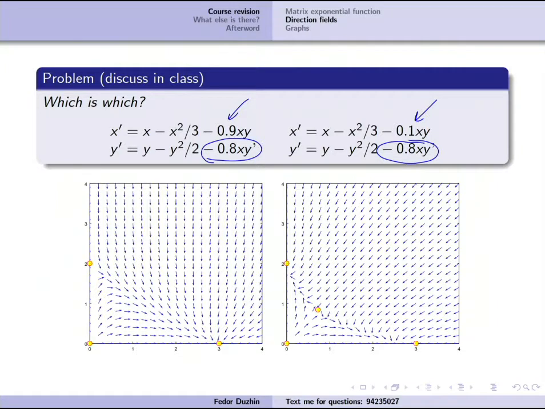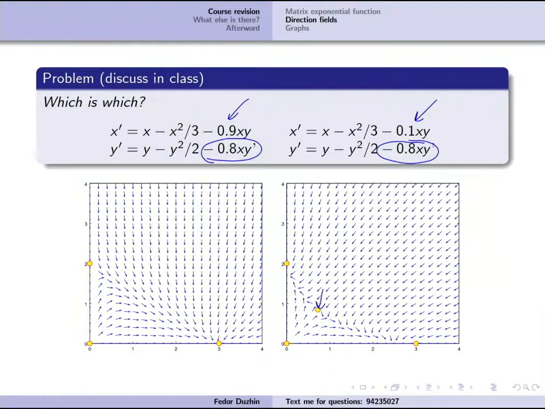And at the same time, we see that in the right plot, there exists an equilibrium here, where both species are present, although it is non-stable.